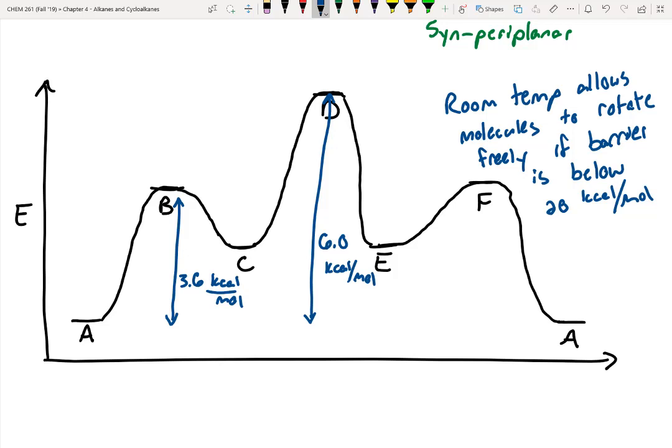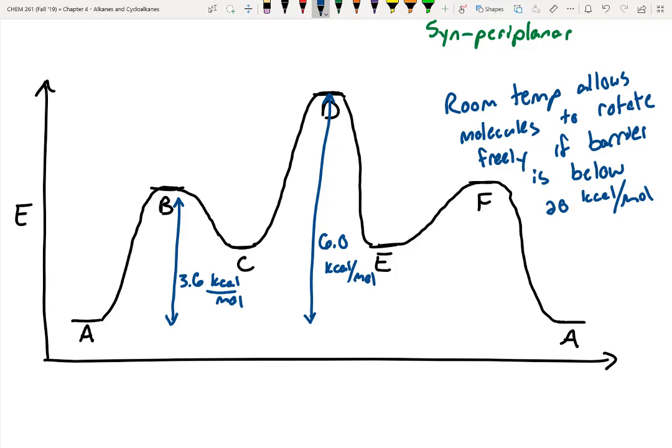The other thing that frustrates students a lot is in physics, they tend to use kilojoules per mole. Organic chemists, for whatever reason, a lot of us still prefer kcals per mole. They're still units of energy, though. We just, for whatever reason, have stuck with the old school kilocalories.